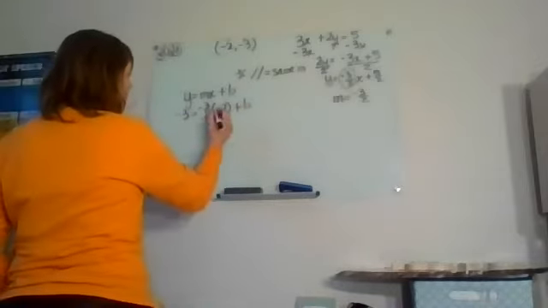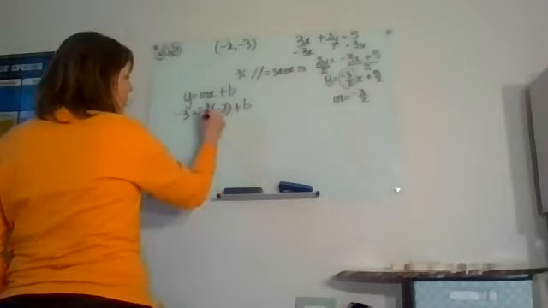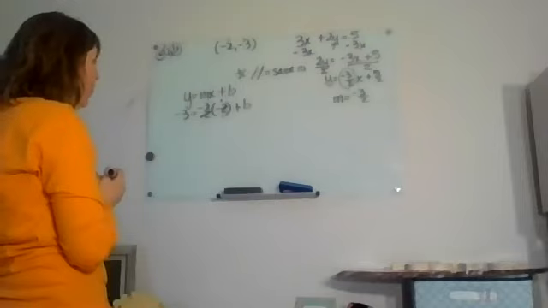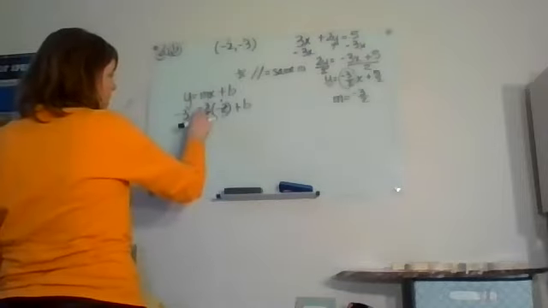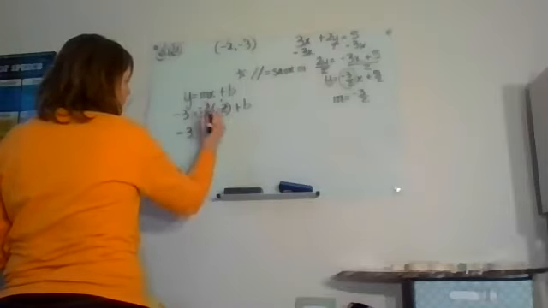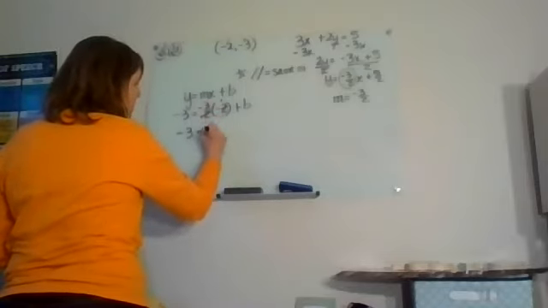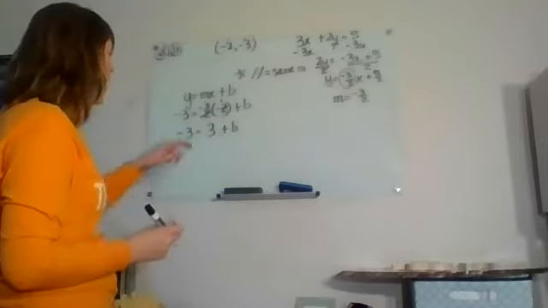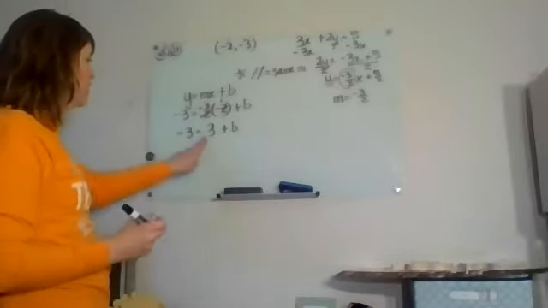So how do I solve this? Well, this would be negative 2 over 1, and the 2's would cancel out. Dividing both by 2 is 1. So a negative times a negative makes a positive. So I have negative 3, negative and a negative make positive 3 plus b. The 2's canceled out, so I'm left with positive 3.